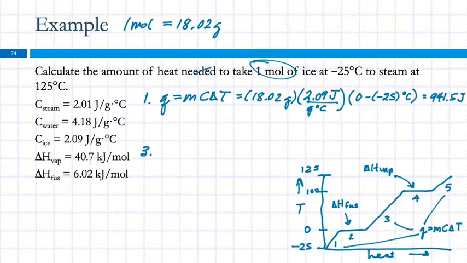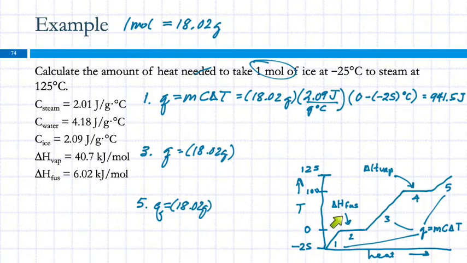The calculations for line segments 3 and 5 are going to be very similar. The mass hasn't changed. But for line segment 3, I have liquid water, so I'm going to use the heat capacity for liquid water. And the temperature change here is going from 0 to 100, so that's 100, the final, minus the initial.